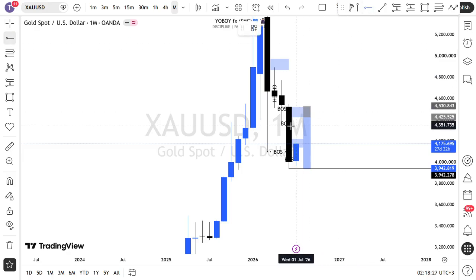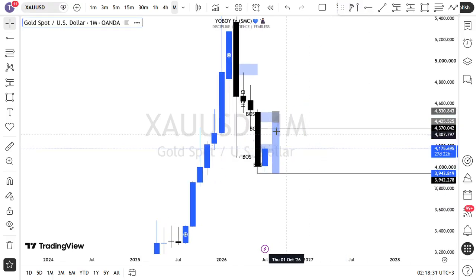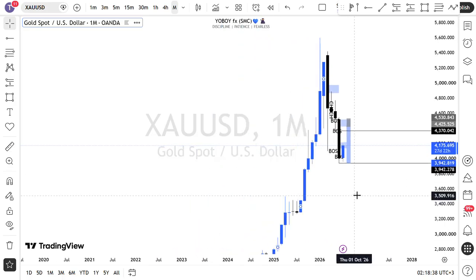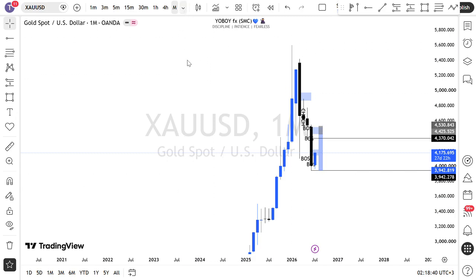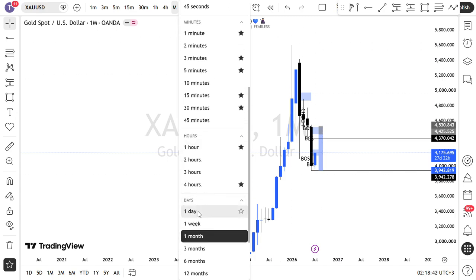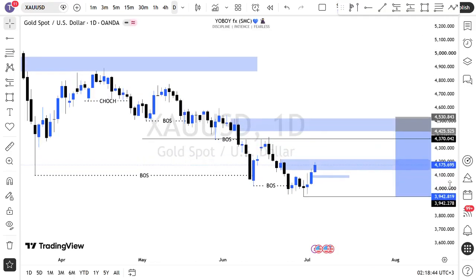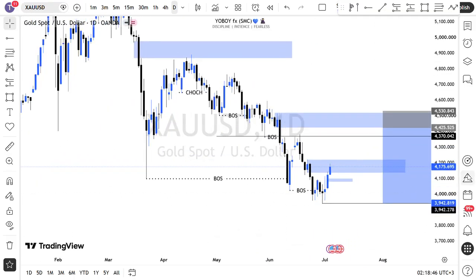So you can see this massive, this was the last week. So I think the market will be filling this fair value gap before we have the massive movement to the downside. So that is why I'm looking to buy inside the lower time frame so that we can target this area here.